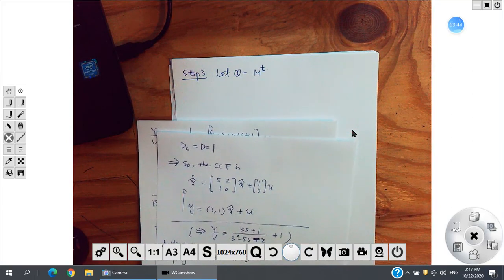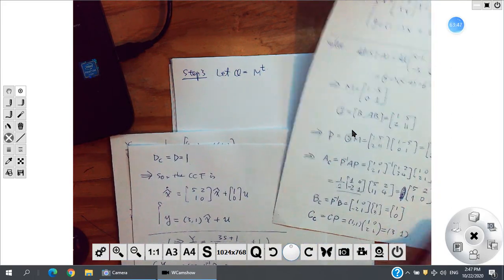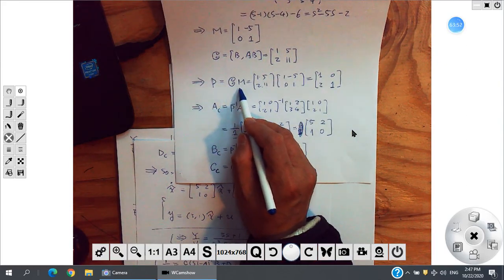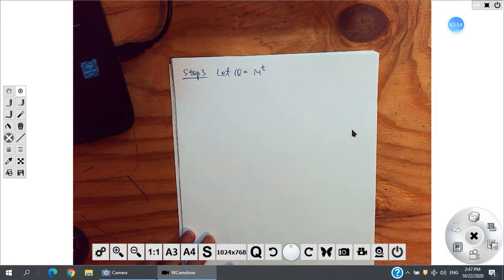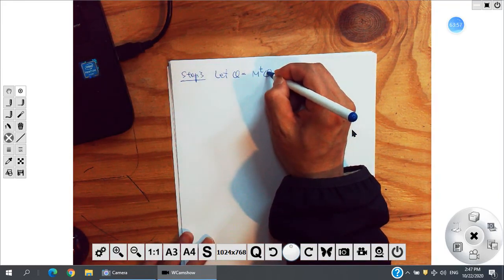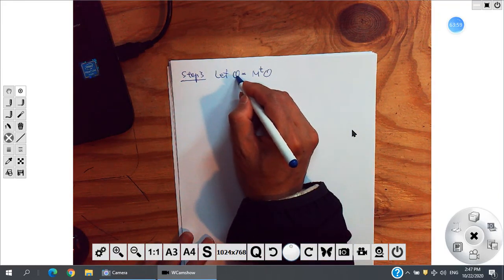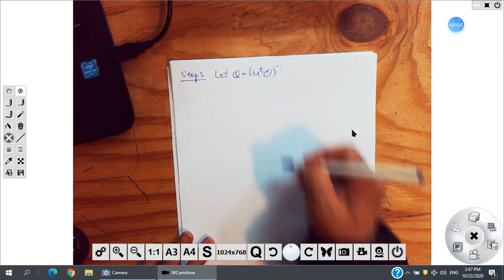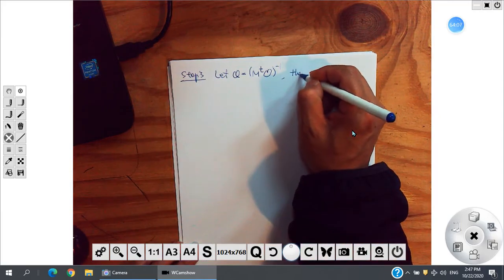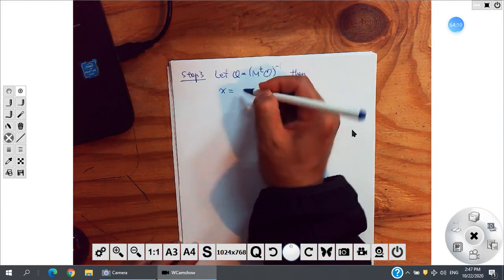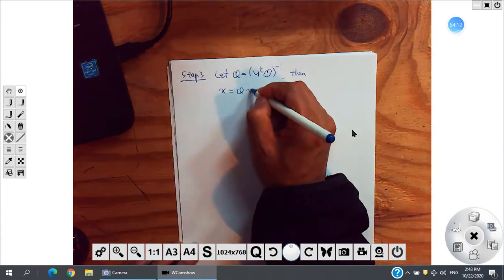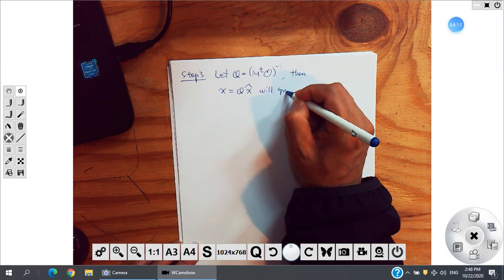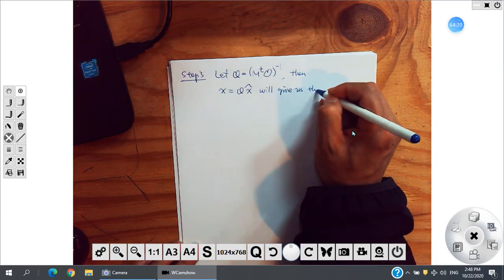Oh, P is C times M. Now it should be M times O. Q is M times that O. This is O. This is Q. Right? Q has this part. O is just D. And with the inverse, let Q equal to this one. Then X equal to Q times x hat will give us an OCF.